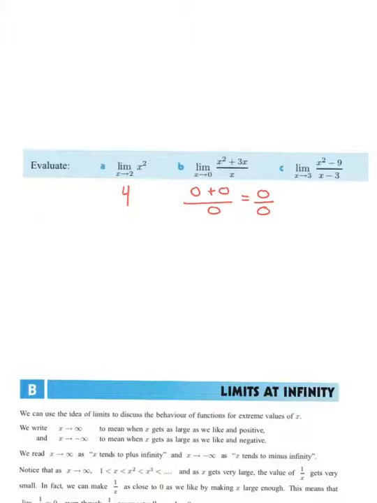That doesn't help us. You could graph this out. You could look at a table. You could say, okay, well, what about 0.001, 0.002, right? And then on the left and on the right side, and then negative 0.001 and negative 0.002. You could do that. Or you could remove the hole by factoring.